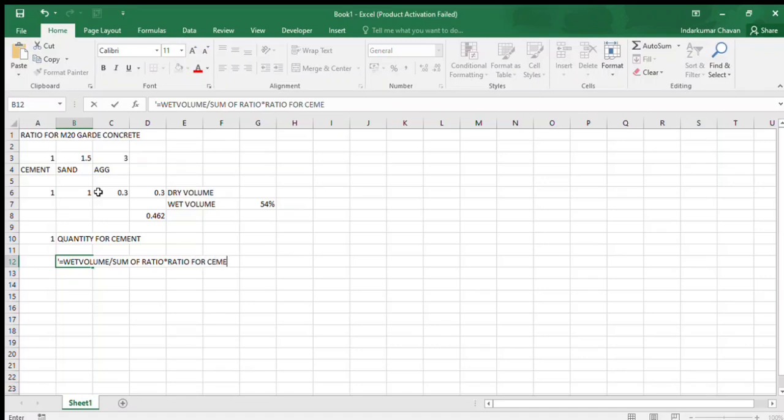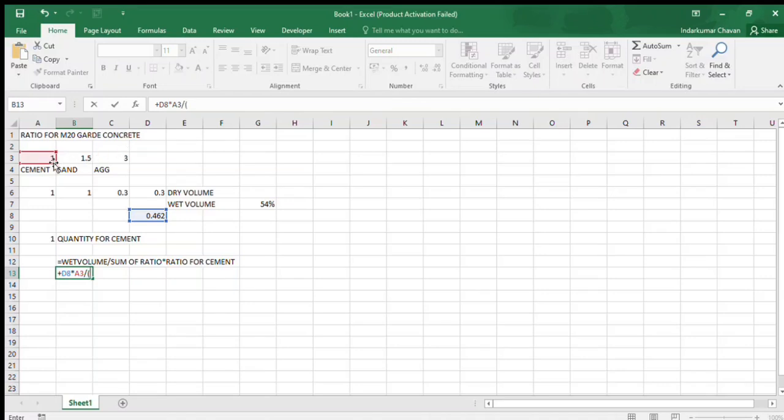My wet volume is 0.462, multiplied by the ratio for cement which is 1, divided by the sum of ratio, that is 1 plus 1.5 plus 3.